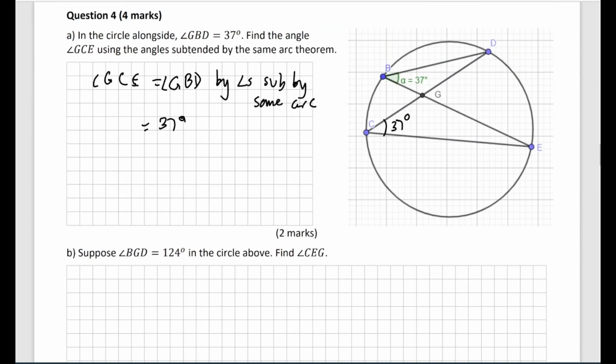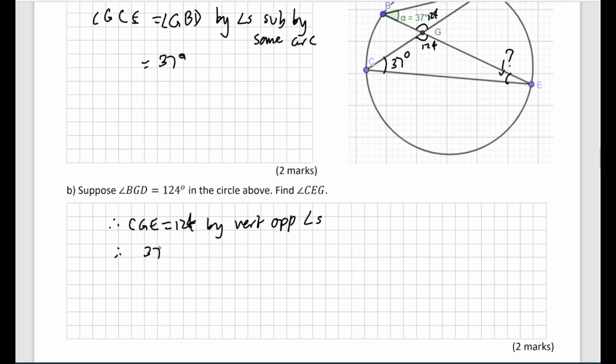Suppose BGD is 124. So suppose that angle there is 124. What we want to find is CEG. So we want to find that angle in there. Therefore, CGE equals 124 by vertically opposite angles.